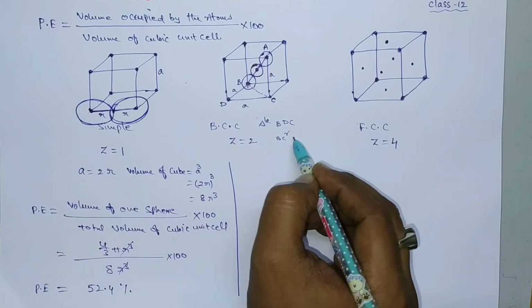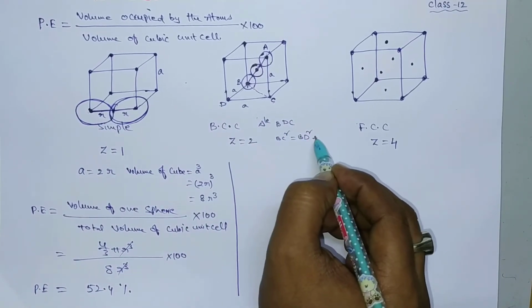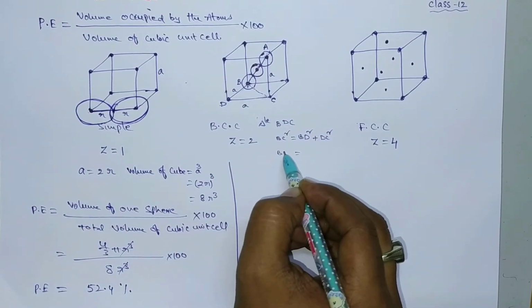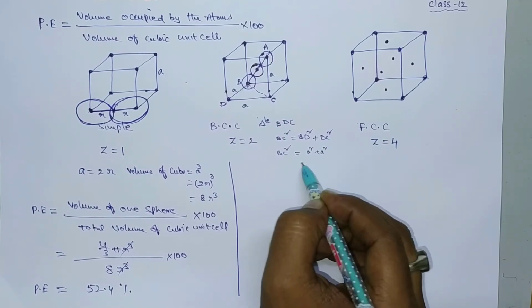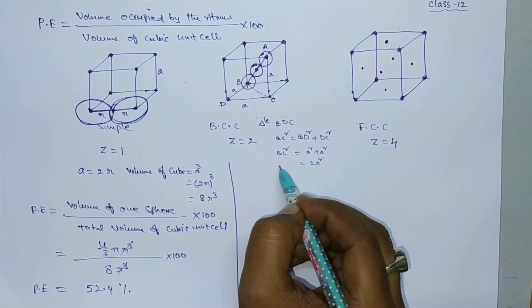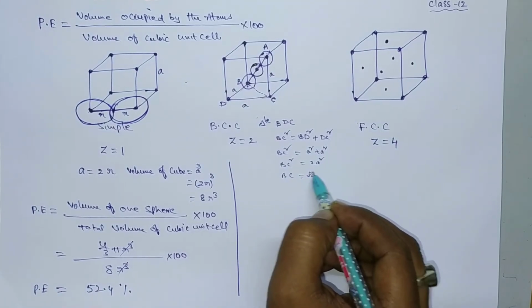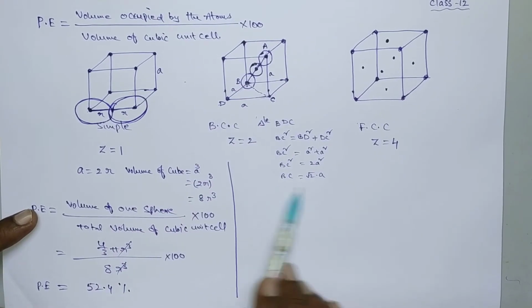BC square is equal to BD square plus DC square, so BC square is equal to A square plus A square, that is 2A square. So BC is equal to root 2A. This distance BC equals root 2A.